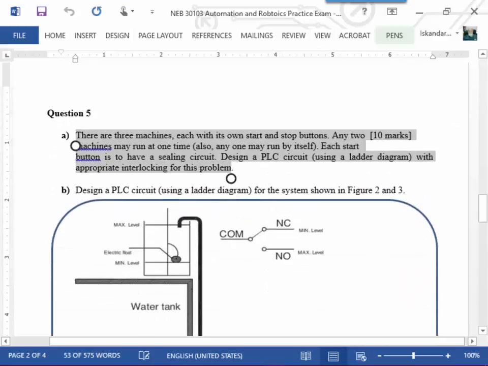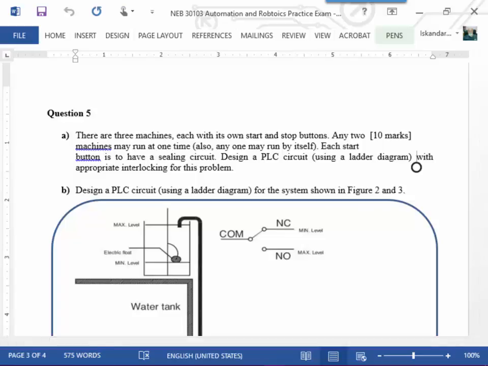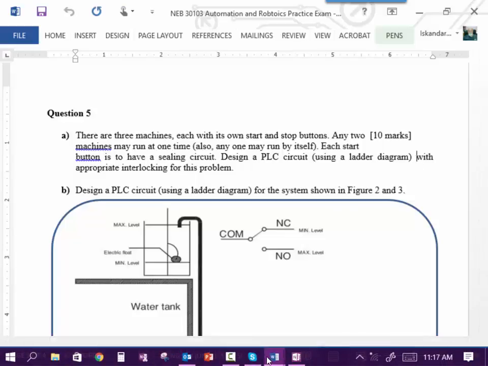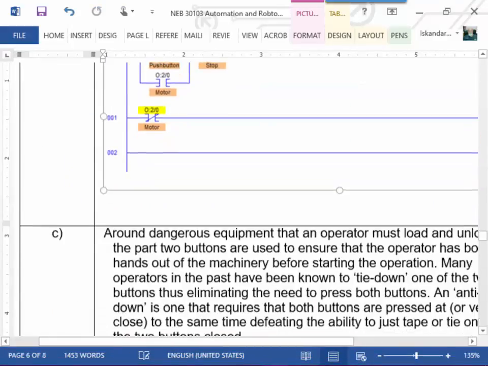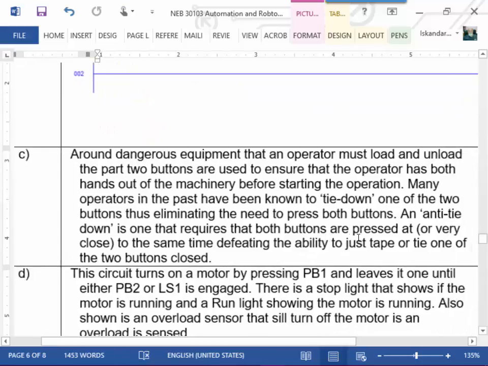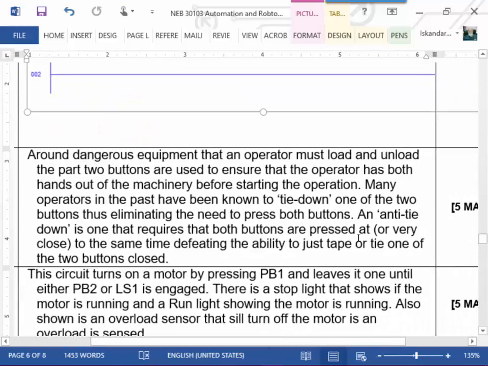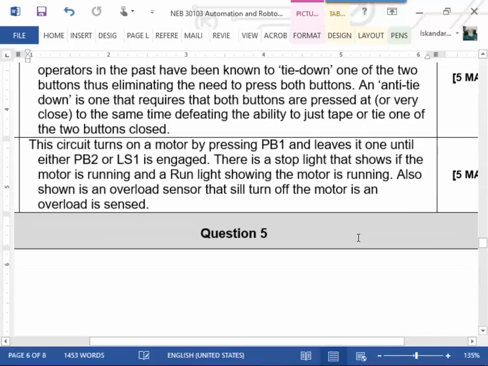And that leads itself to problem 3, which I'm not going to go through, or 5, but problem 5 actually uses, I'll post the solution to 5. And this, by the way, explains the anti-tie down device that's in the solution.